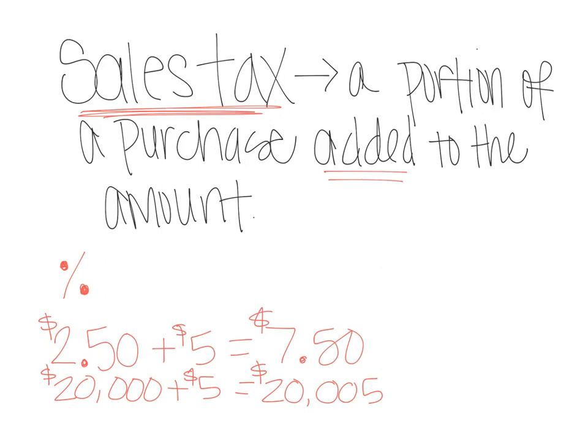It's like, oh, $5 extra on a $20,000 car. So that's why we add a portion of our purchases as a sales tax, and the way we figure out how much sales tax is by a percent.